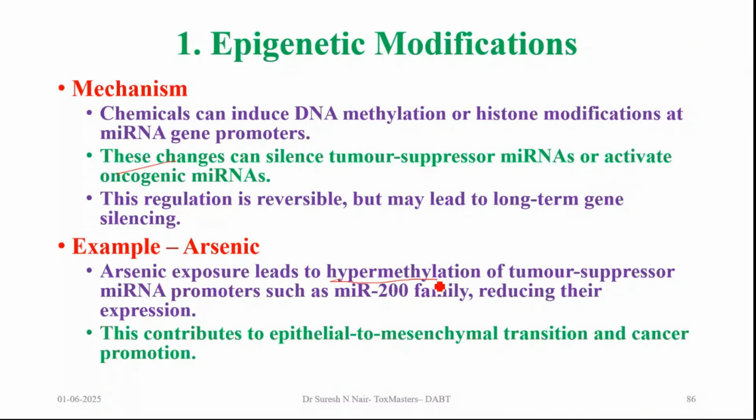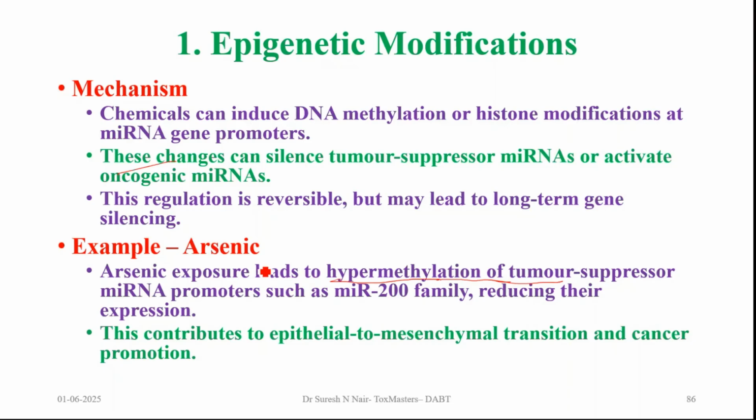One is hypermethylation of the tumor suppressor gene. We have already seen how the hypermethylation produces inhibition of the gene transcription. So now what happens is that when the tumor suppressor promoters are methylated, that will lead to the reduced expression of the tumor suppressor.